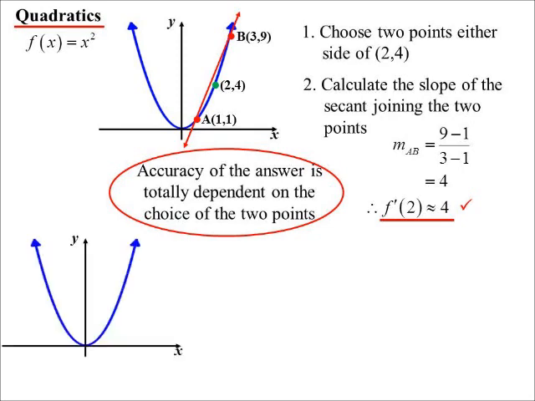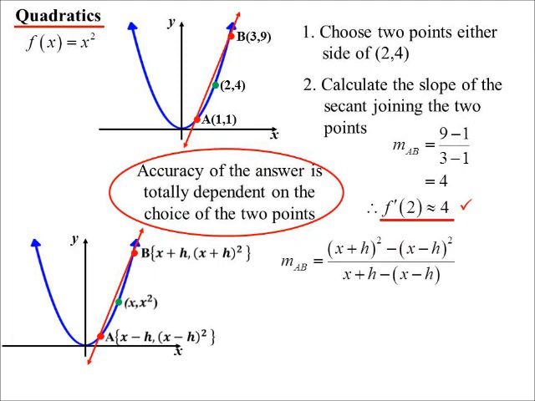So here's a parabola. Let's generalise it. So any point x and its function value is x squared. I'll pick a point either side. So x minus some value that I'll call h, and on the right-hand side x plus h. And the function values then would be (x plus h) squared and (x minus h) squared. And so we could do the same thing. Slope of that secant will be the difference in the y values over the difference in the x values.